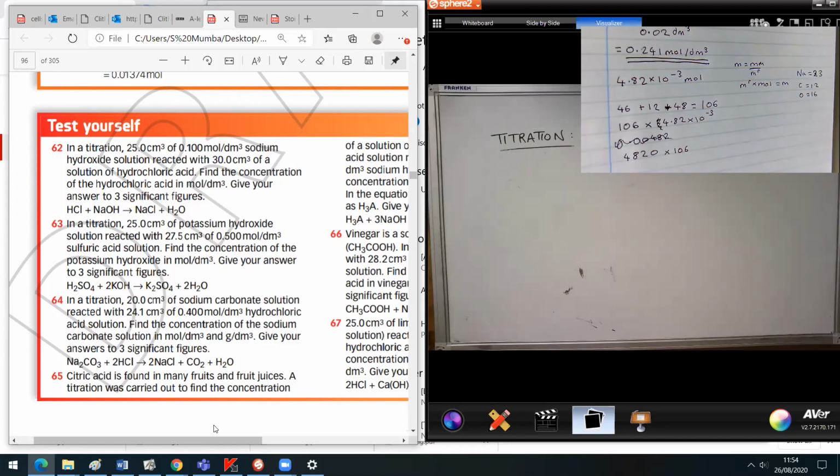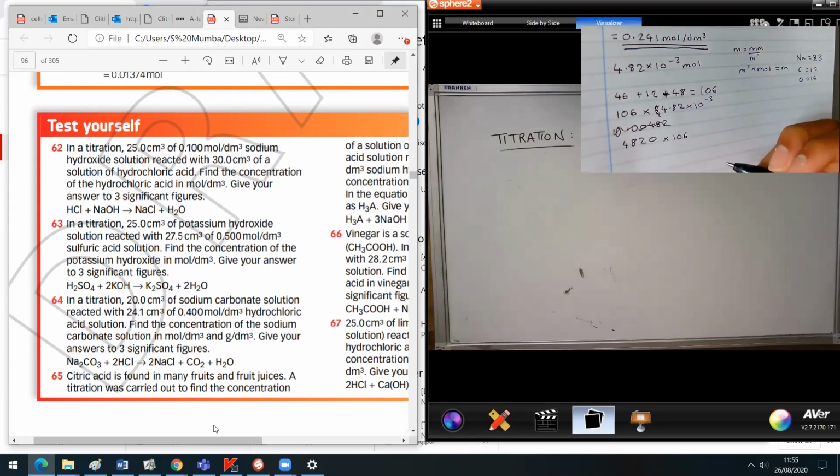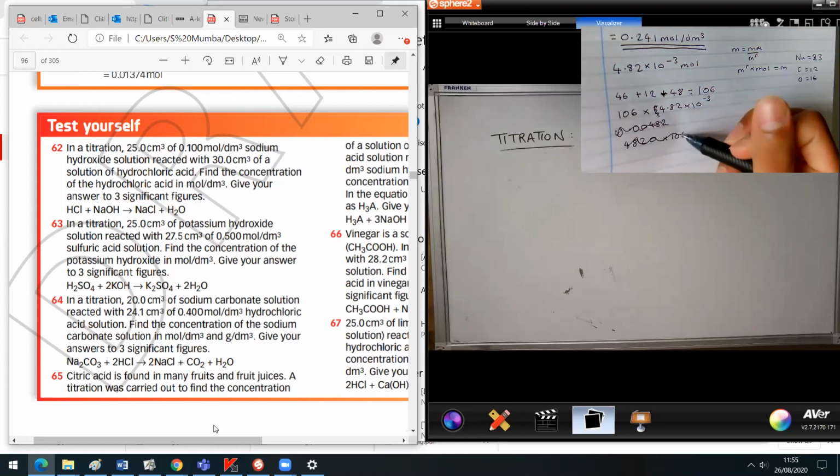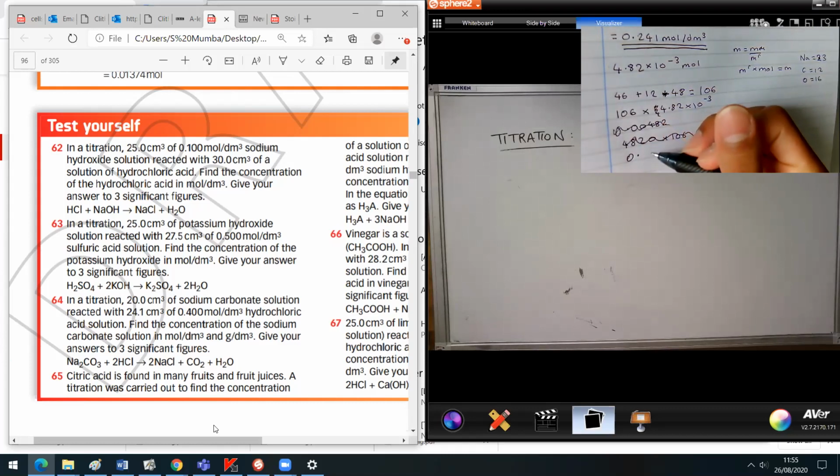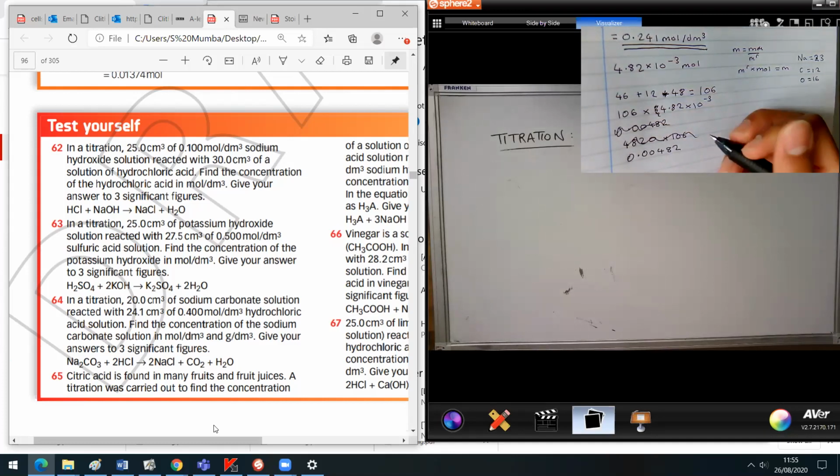If it was 4.82 times 10 to the power of 3, then you're right, it would be 4820, but it's to the minus 3. So the decimal goes to the left side of that 4, moving that decimal point 3 places. Good. And then that times by 106.